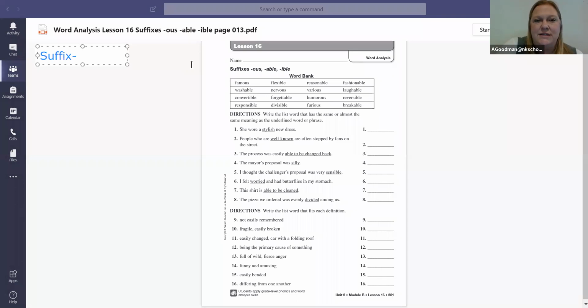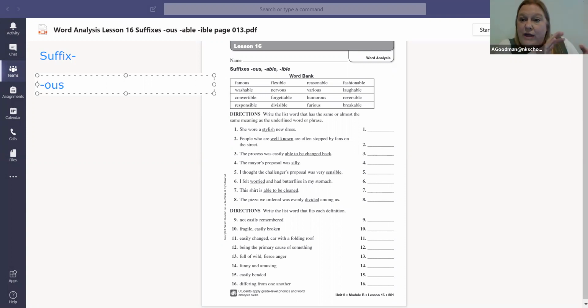So OUS, the suffix. A lot of times suffixes are written with a little dash, like they come with letters in front of it.